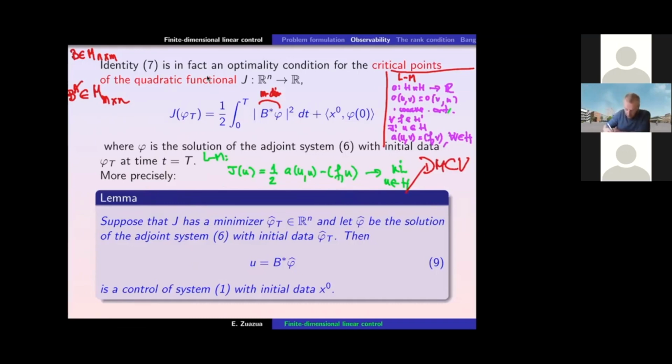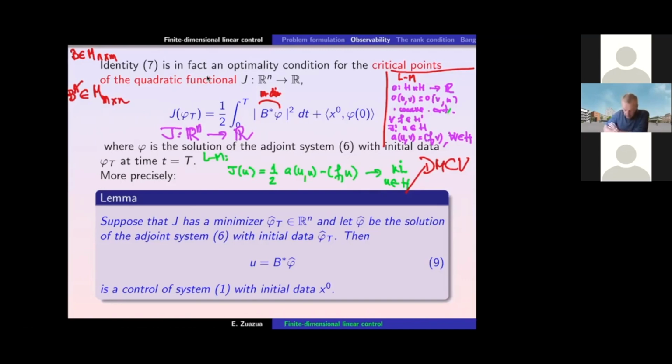But after all, this functional J is a functional that is defined in Rn with values in R, right?